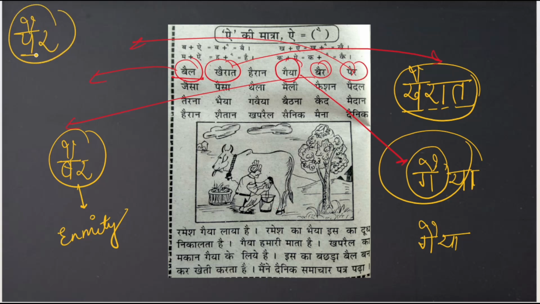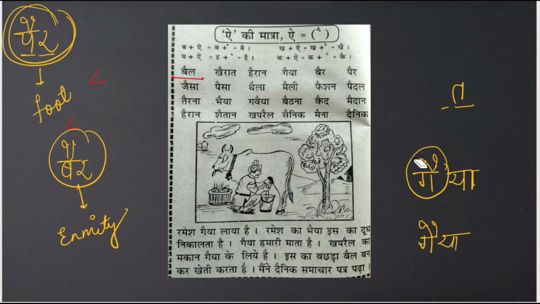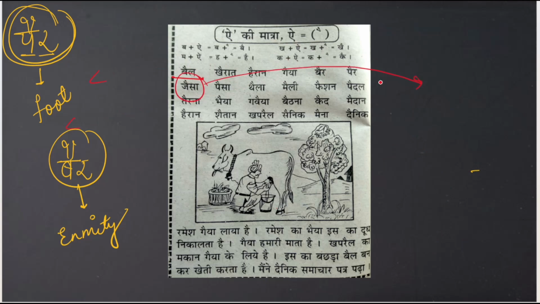Now it became pair, pair, which means foot. This is ja, and this is matra of I, and this is sa, this is matra of a. Now it became jisa, jisa, okay?